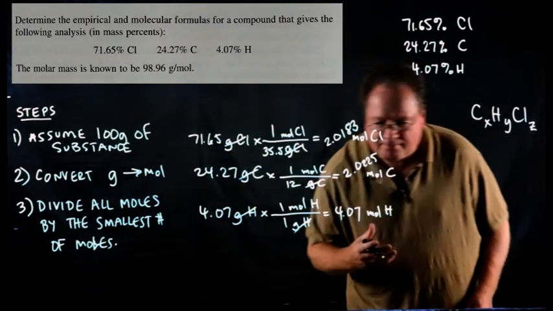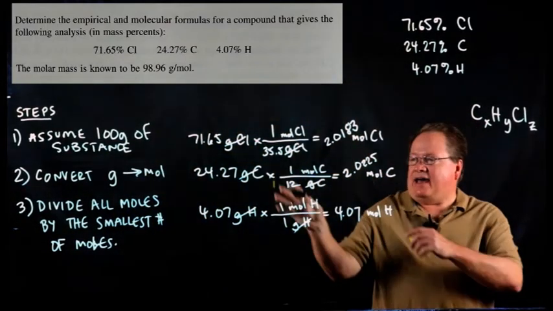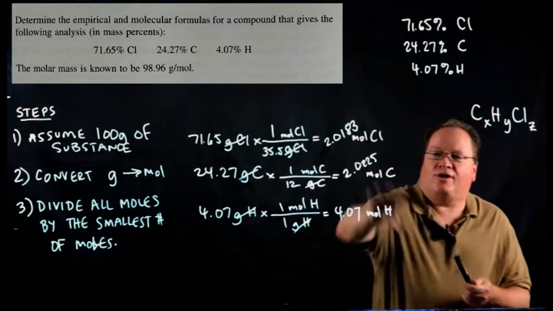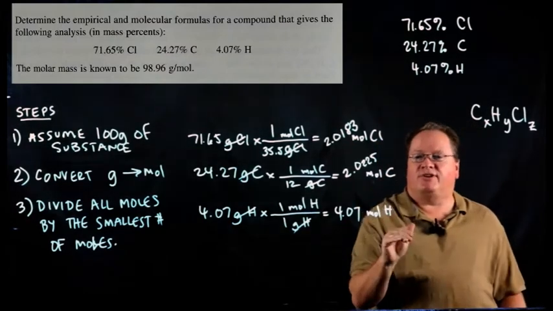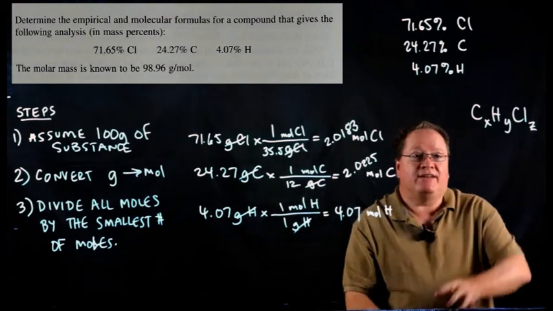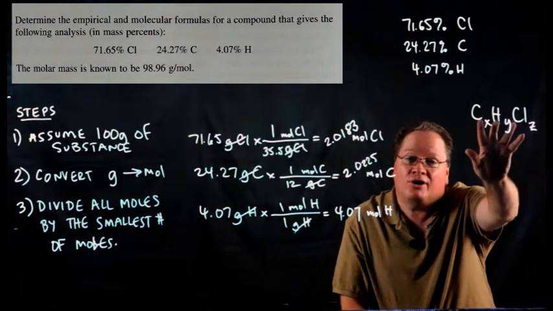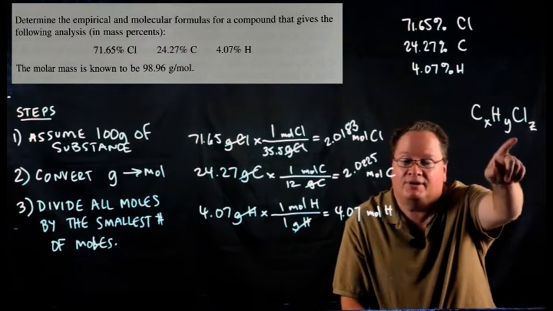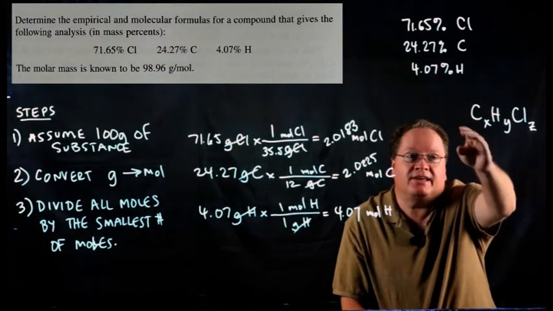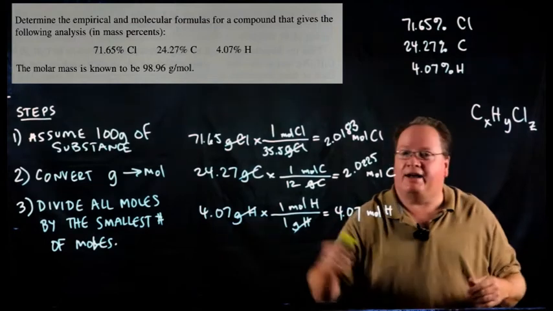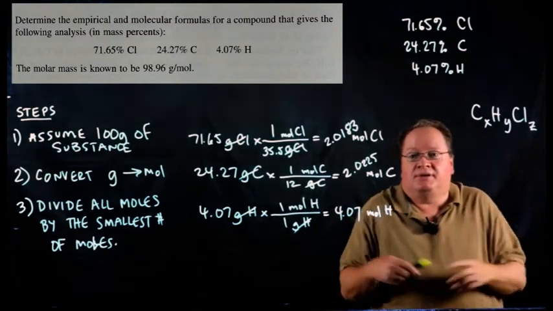All right. So why am I doing that? Why am I going to divide all 3 of these by the smallest number that I have? Well, remember, I told you X, Y, and Z, yes, they're moles, but they're a ratio of the moles. All right, so I'm basically getting a ratio between all of these. Why am I dividing? Because that's how we get ratios.